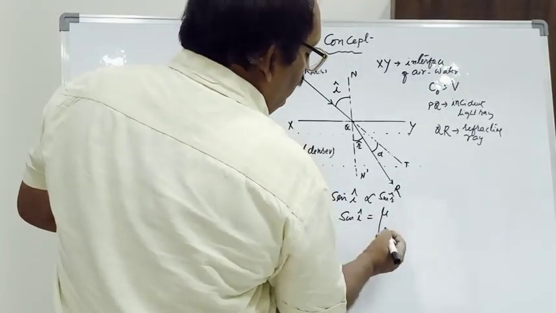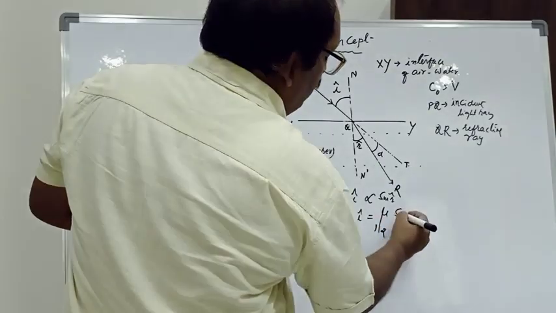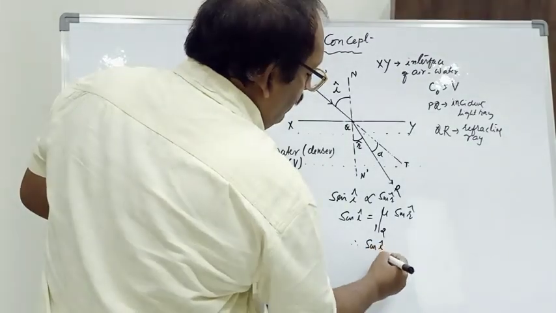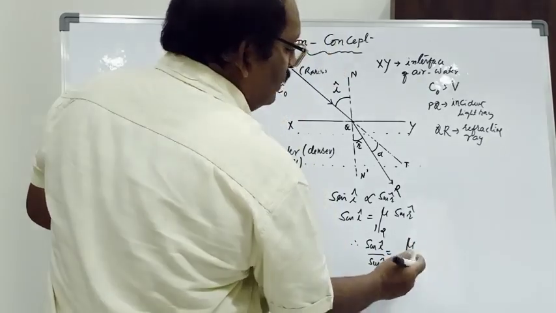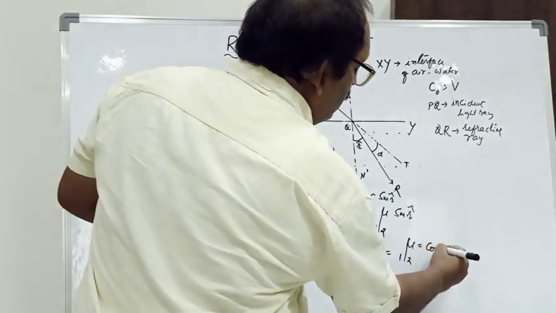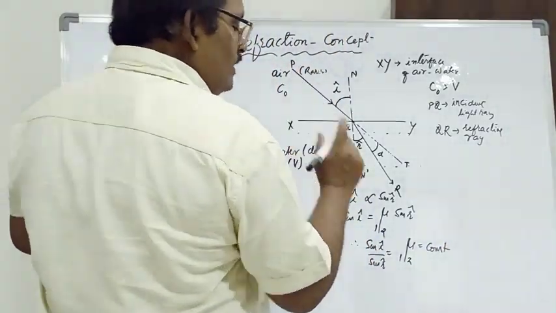So this is the refractive index of the second medium with respect to the first medium, and that should be equal to that into sin r. Hence sin i by sin r should be equal to the refractive index of the second medium with respect to the first medium. This is always a constant. The refractive index of water with respect to air is always a constant.